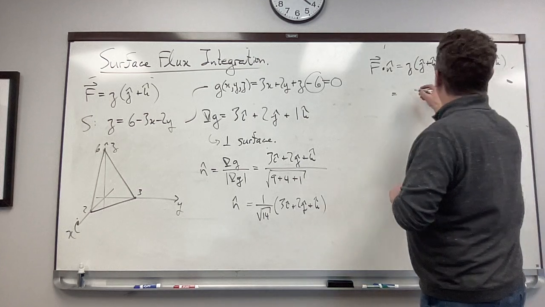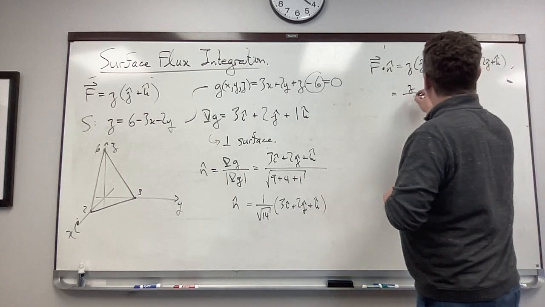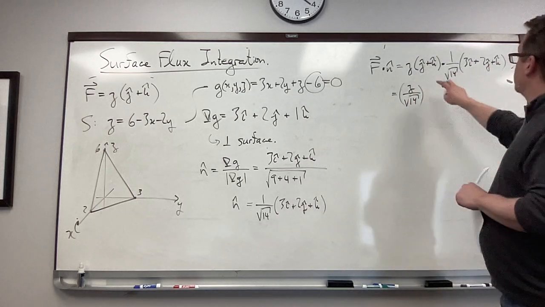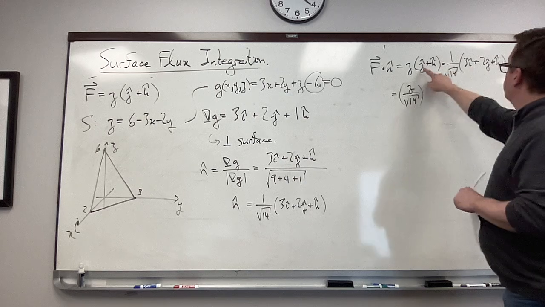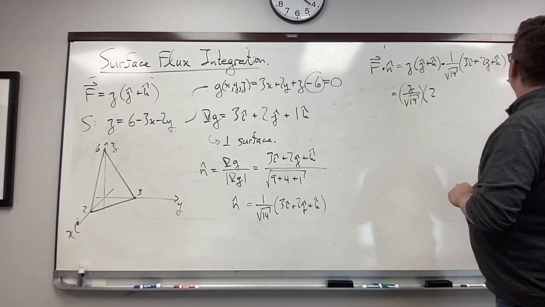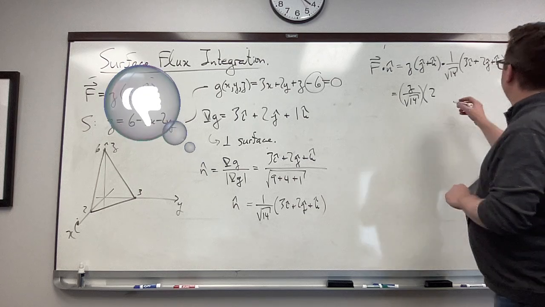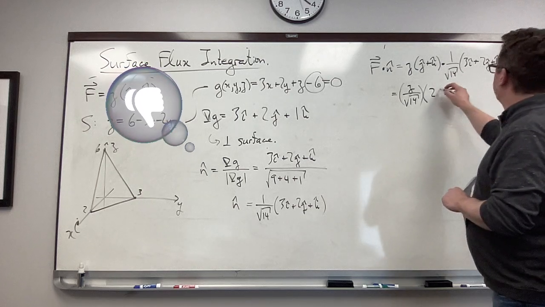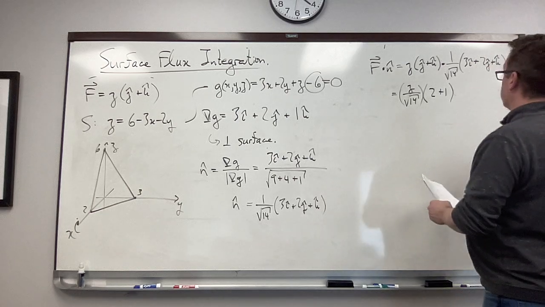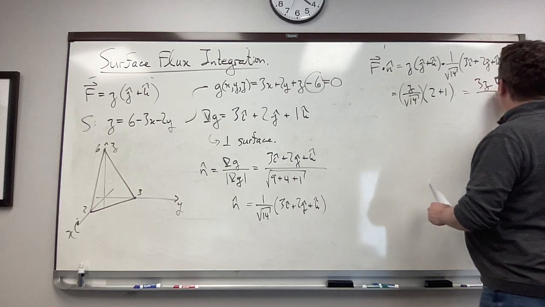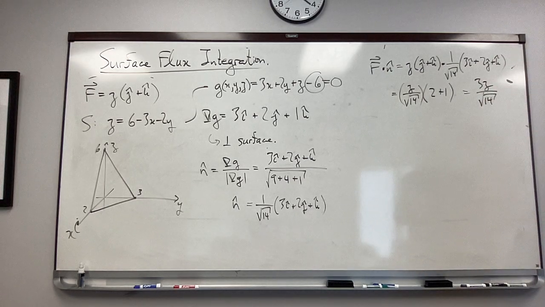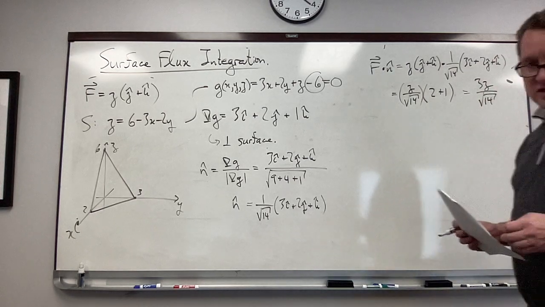We'll have z over square root 14 out front. And then there's no i to that, then j dot j is 2, right? And then we have k, 1. So this becomes 3z over square root 14. That is f dot n. It only depends on the magnitude of z, right?